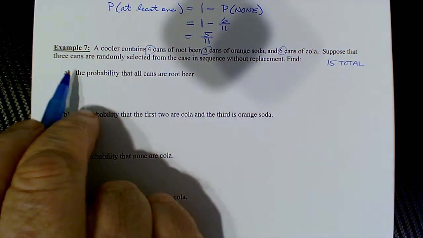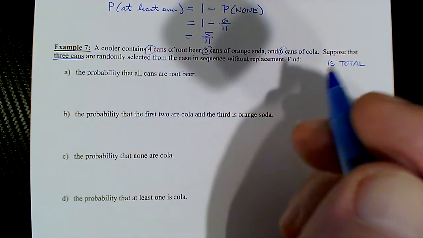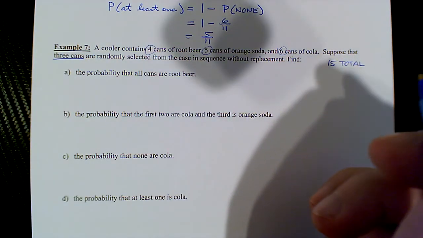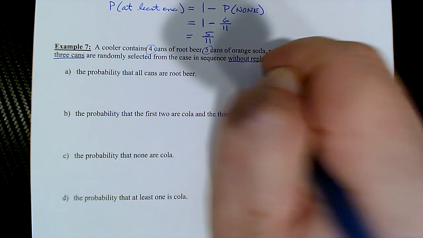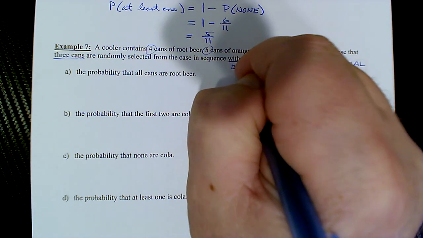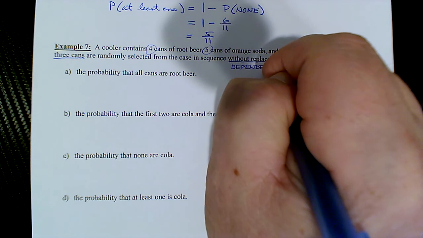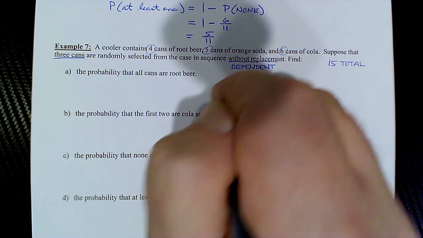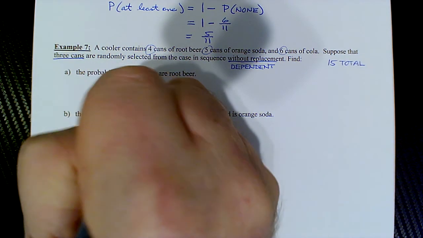We're selecting 3 cans. So now we're going to have 3 fractions being multiplied together without replacement. Means they're dependent. The probabilities are going to change. And so the first one, all are root beer. So 3 fractions.